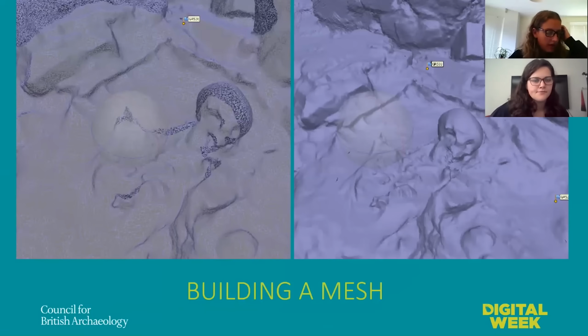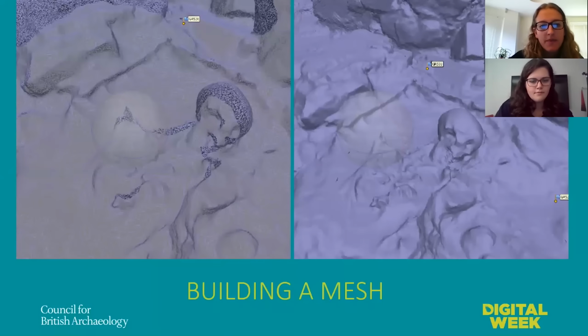Yeah. So the mesh basically uses all of the information from the points from the photos, if that makes sense. And it fills in the gaps between all the points, and it picks up the texture of the 3D of the object, basically. So it's not flat anymore like it would be in a photo. It has that depth and dimension to it.